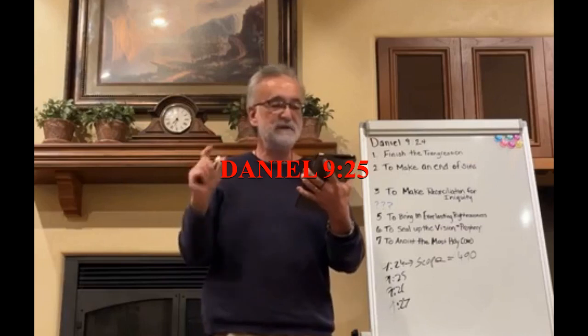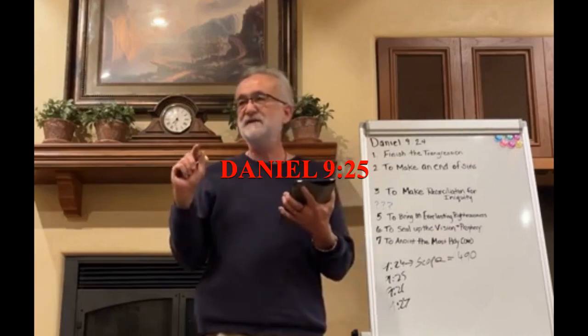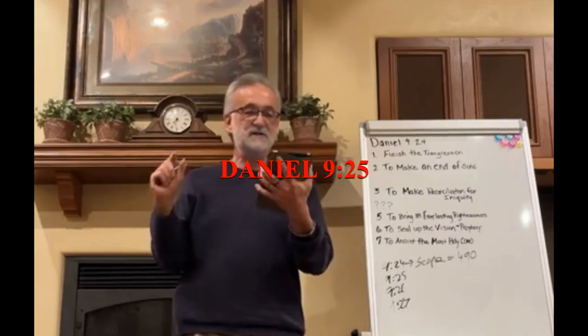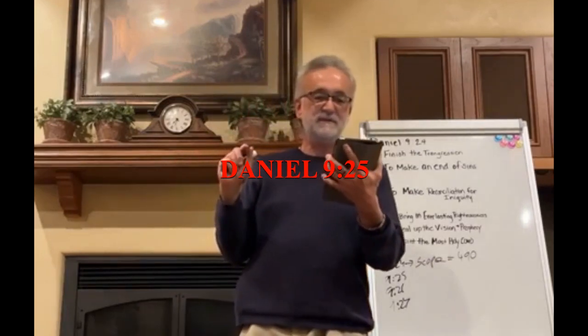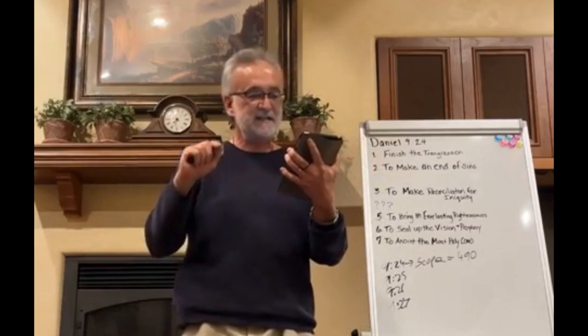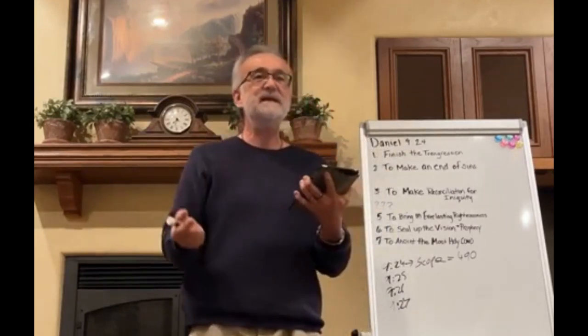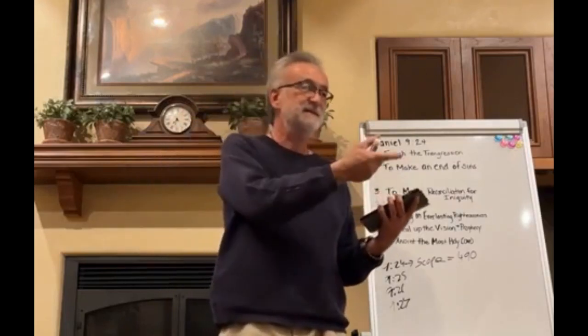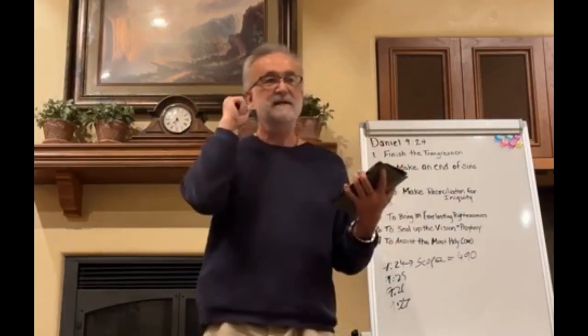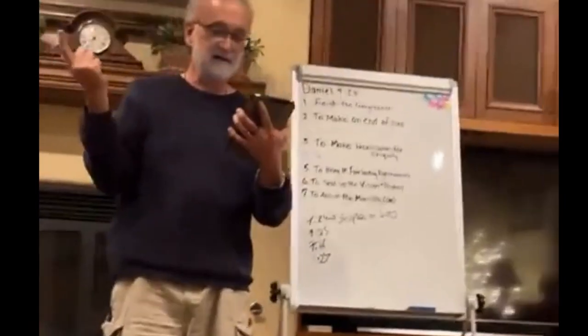And so, verse 25. He's going to give us how it starts. So you are to know and discern from the issuing of a decree to restore and rebuild Jerusalem until Messiah the Prince, that word for Prince, Nagid, actually means king, is what King Saul was referred to as, Nagid, which is king, King David, Solomon, on and on.